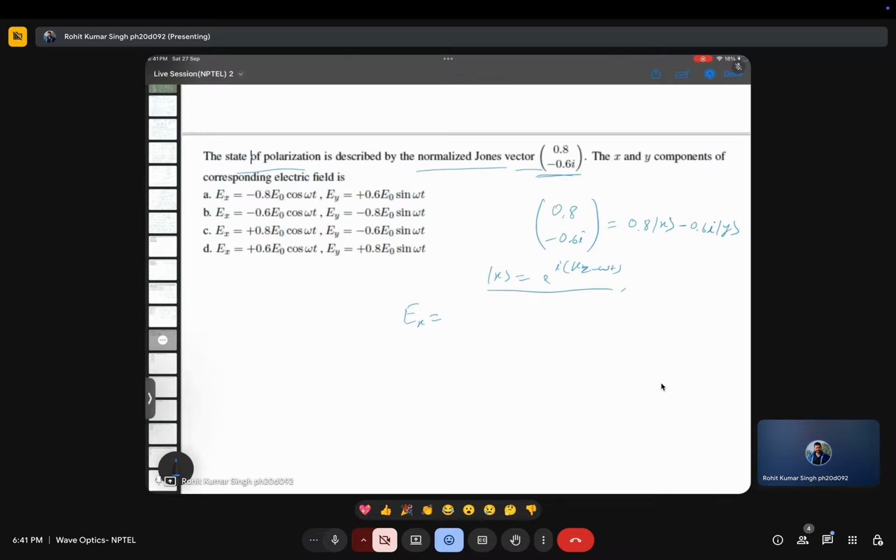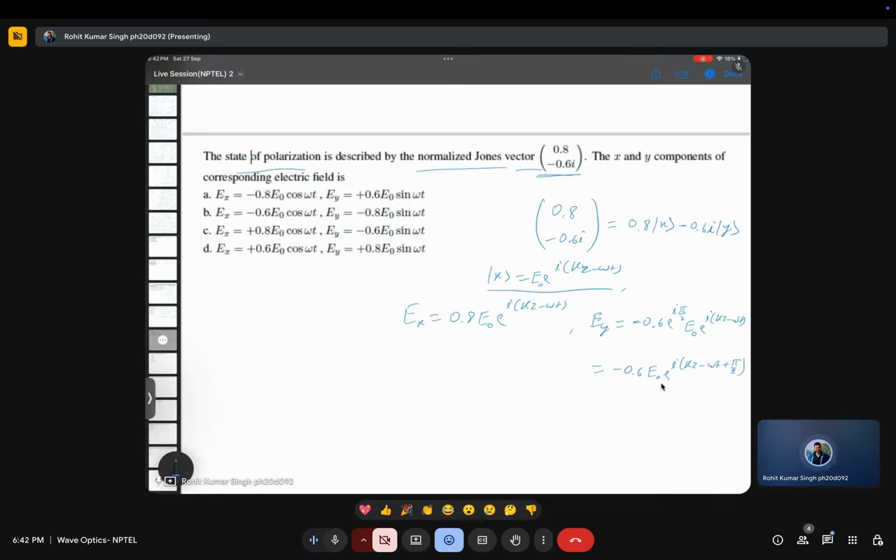So Ex is 0.8 E naught, sorry, e to the power I kz minus omega t, and Ey, the y component, will be minus 0.6 I, we can write e to the power I pi by 2, and so this will be e to the power I kz minus omega t plus pi by 2, right?